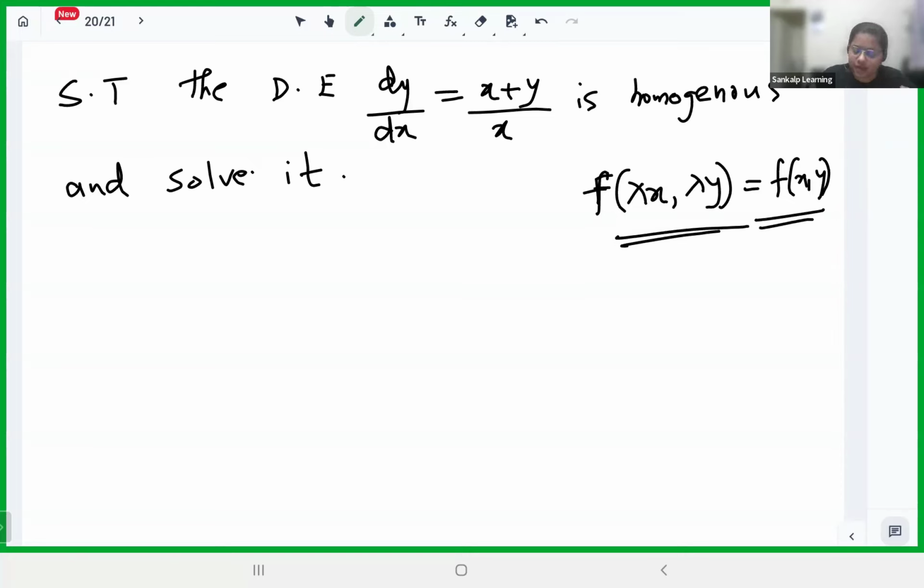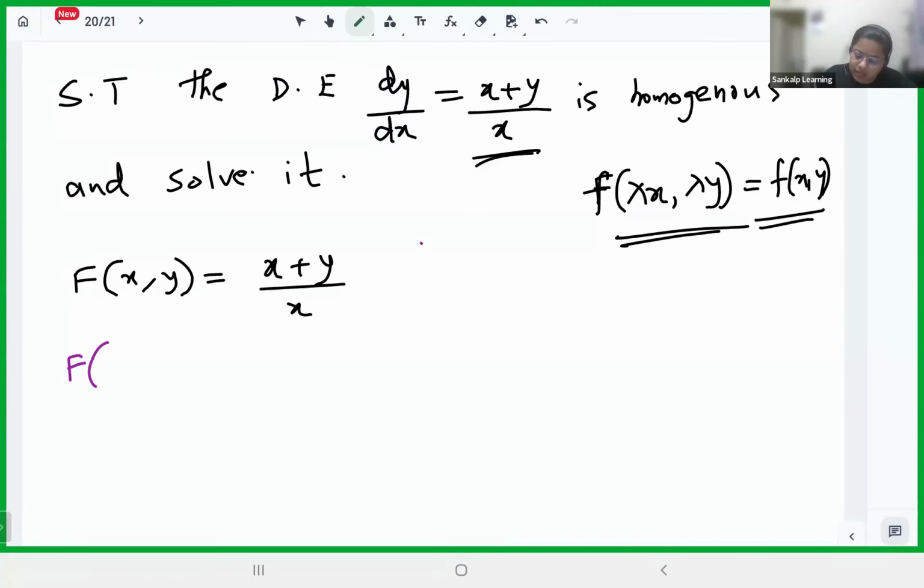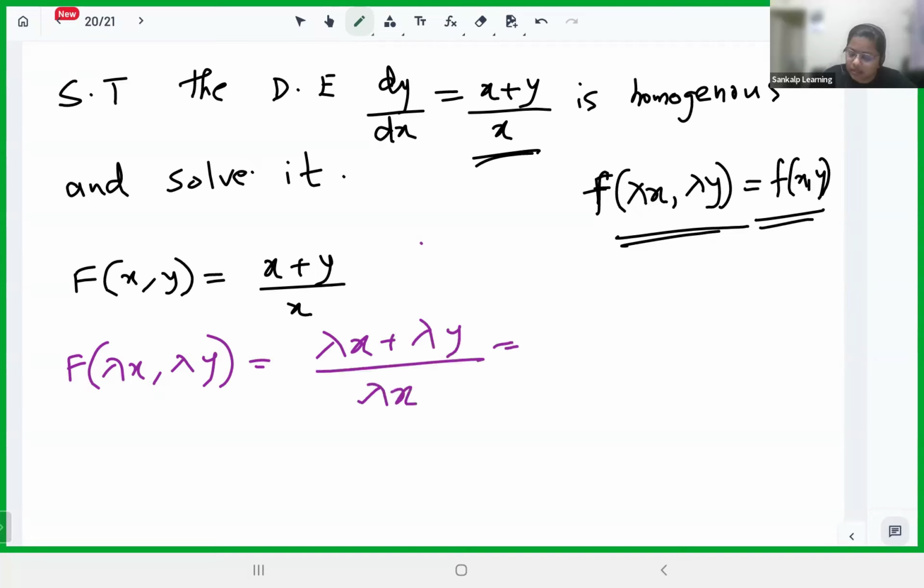Okay, let's check. Here f(x, y) = (x + y)/x. And what is f(λx, λy)? It is (λx + λy)/(λx), which is λ(x + y)/(λx). So λ and λ get cancelled, and that is (x + y)/x. So this is f(x, y).